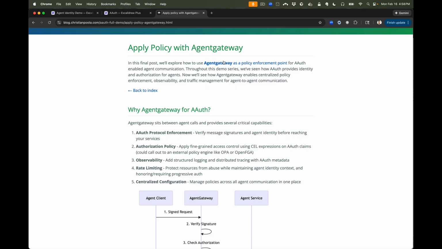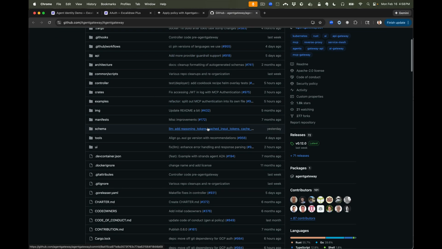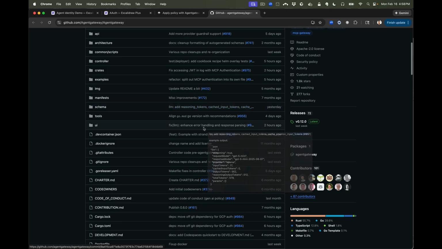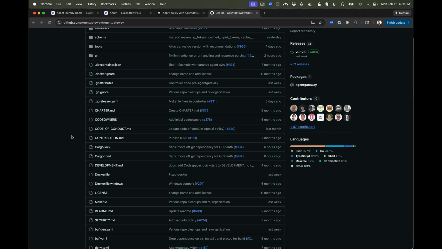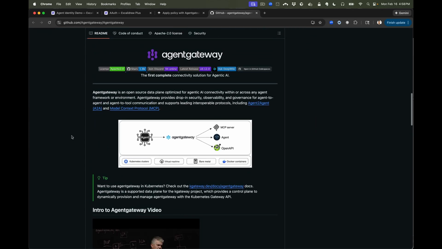Agent Gateway itself is an open source project that can be used for MCP security and LLM gateway style proxying to public LLMs and enforcing policy, rate limiting, guardrailing, that kind of stuff. I highly recommend you take a look at this.